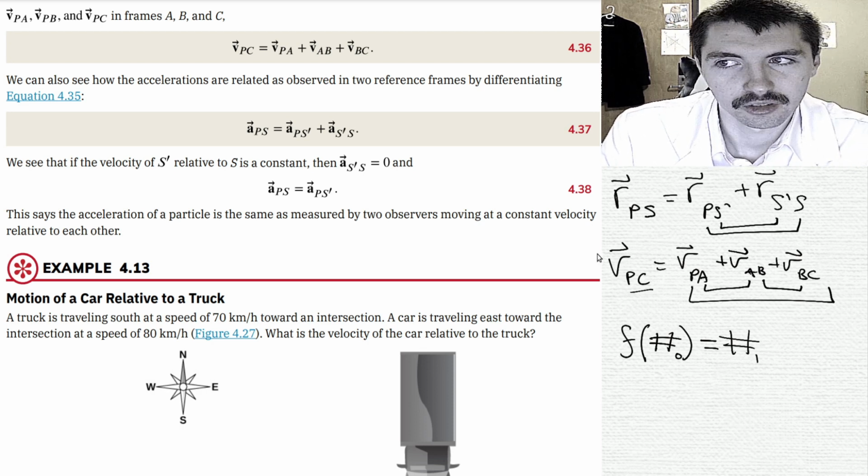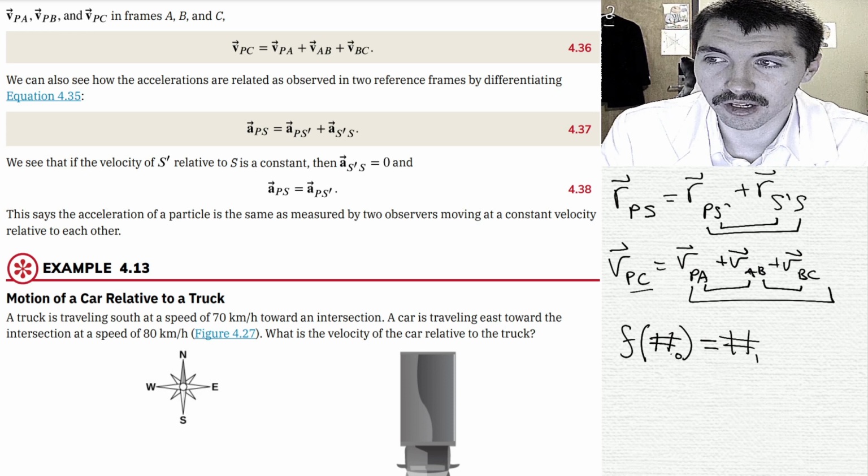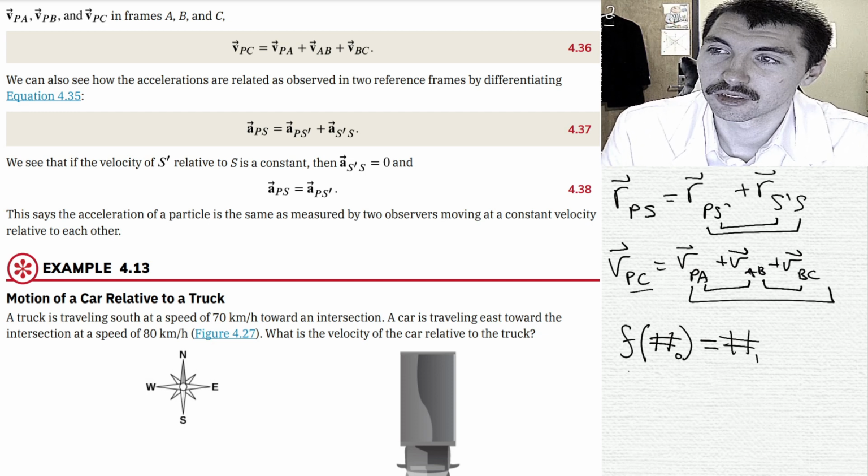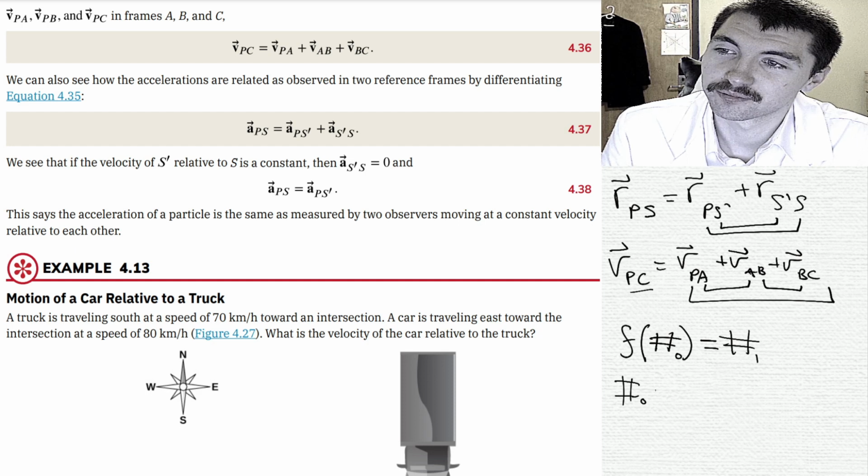So if this is our initial reference frame and we want to express that in a different reference frame, we do a linear transformation. So if this reference frame is, say, 1, 2, 3, 4. No, let's just say it's a vector, velocity vector.